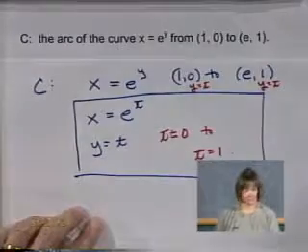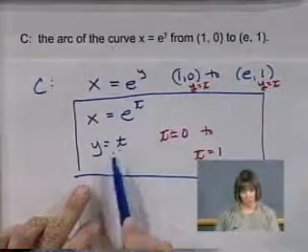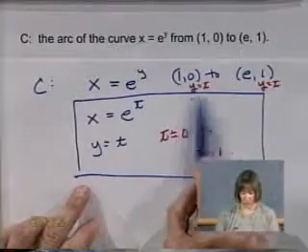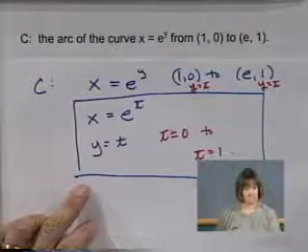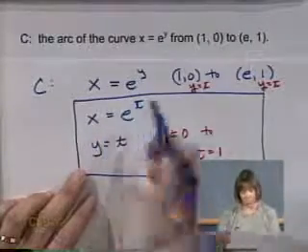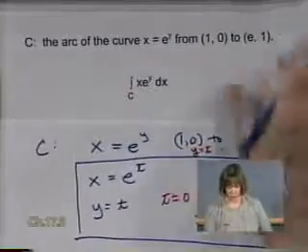Does everybody see that? Because my points are (1, 0) to (e, 1), but since I let y be t, t is ranging from y is 0 here to y is 1 there. Okay? And notice this works because if y is t, x is e to the y, I replaced y with t. Okay, now to do my integration is very, very simple.